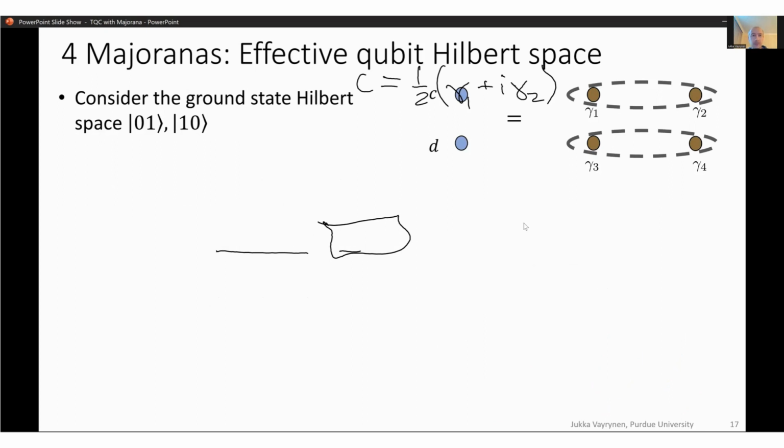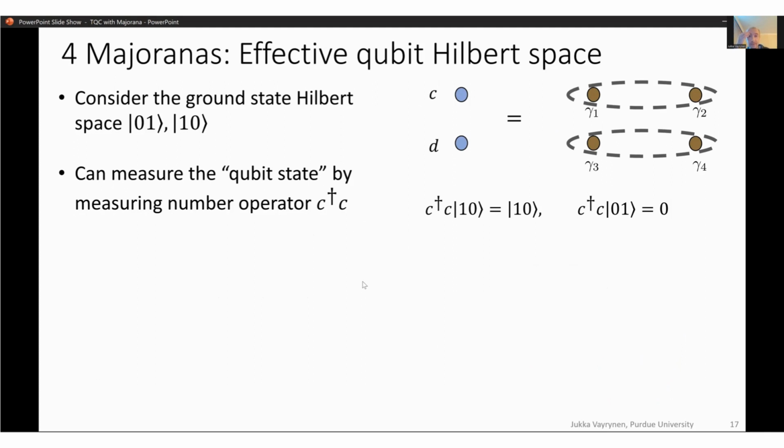Okay, so now if we focus on these two states, 0, 1 and 1, 0, we can basically measure the qubit state by measuring this number operator C dagger C. So basically, we just measure the charge of gamma 1 and gamma 2. If we can do this charge measurement, we know the state of the qubit precisely.